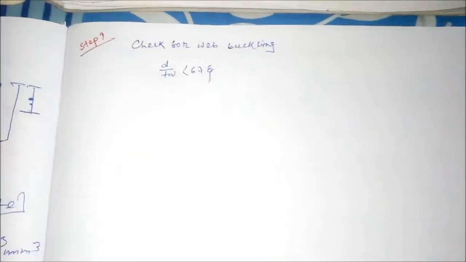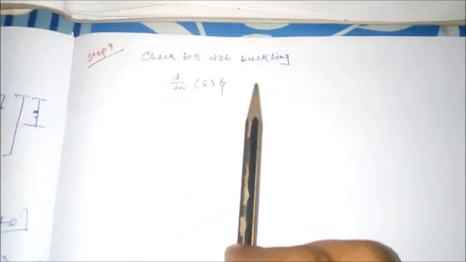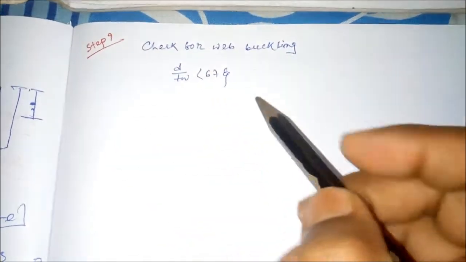Step number 9 will be check for web buckling. For this case, we have got d by tw lesser than this.